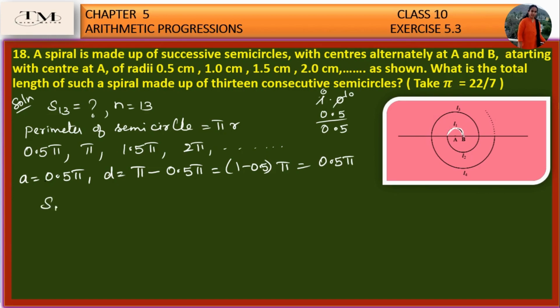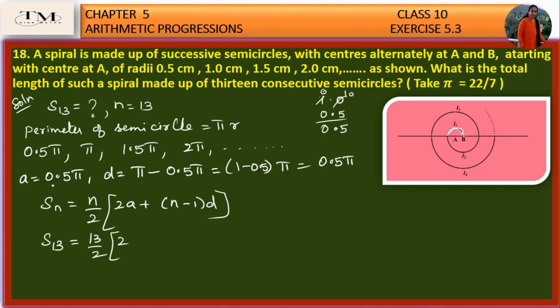So what is the formula for Sn? It is n by 2 times (2a plus (n minus 1) into D). So S13 is equal to 13 by 2 times (2 into what is A? It is 0.5 pi, plus (13 minus 1) into D). What is D? D is equal to 0.5 pi.